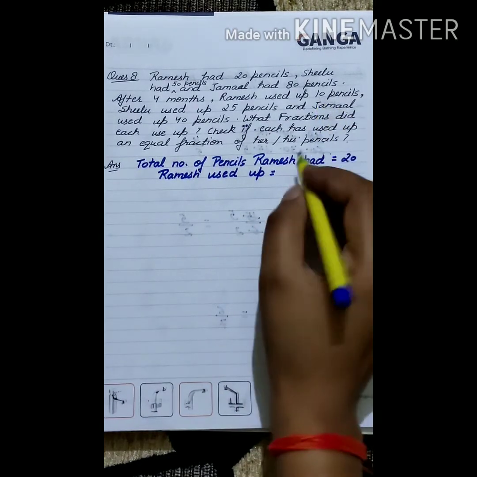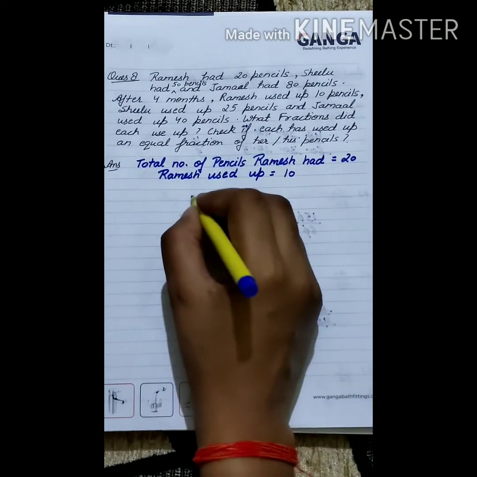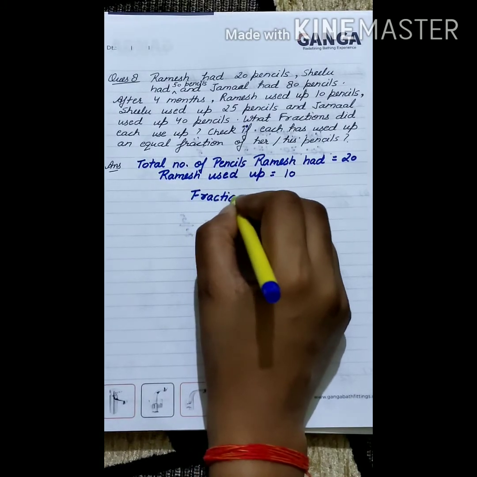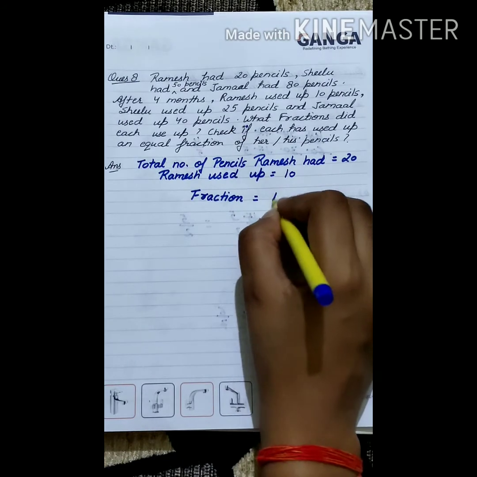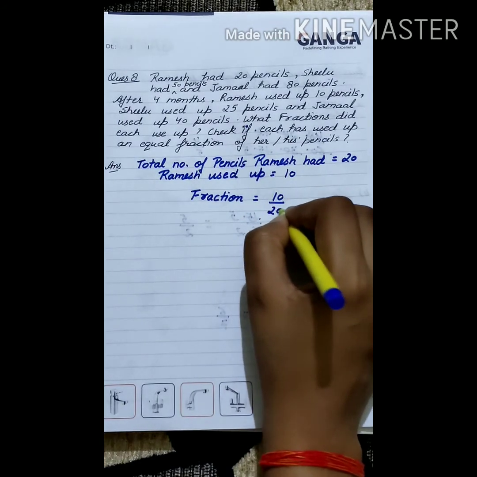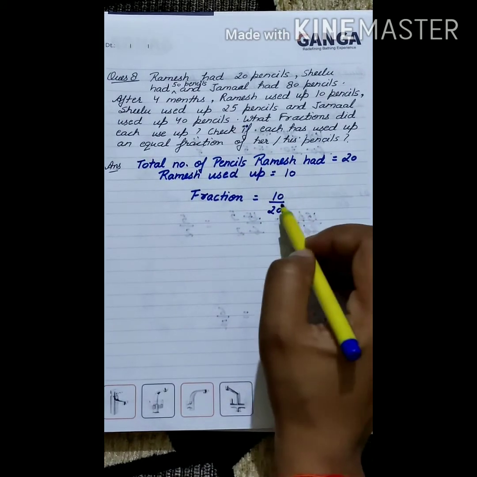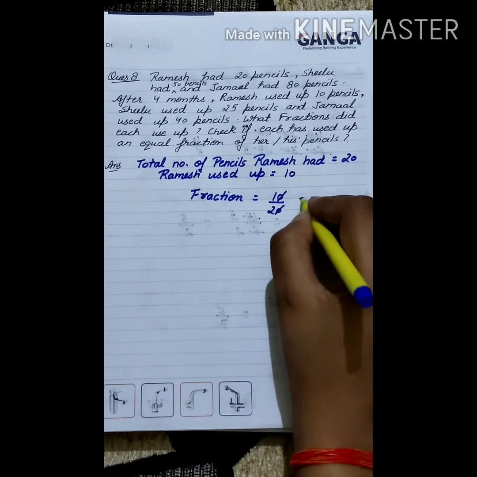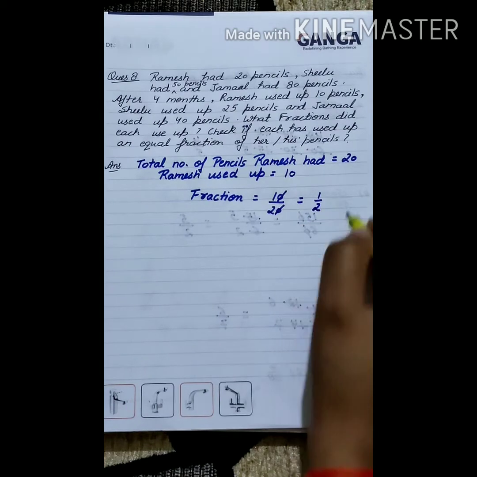He has used up 10. So the fraction is equals to 10 upon 20 because he has a total of 20 pencils. After simplification, we will get 1 upon 2.